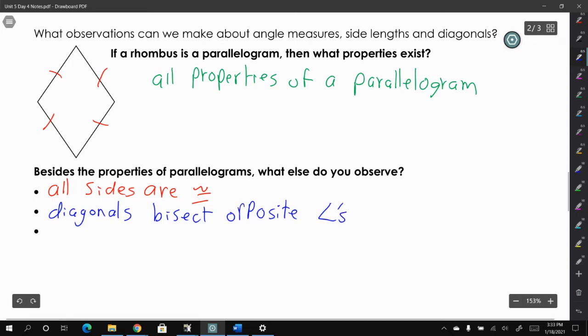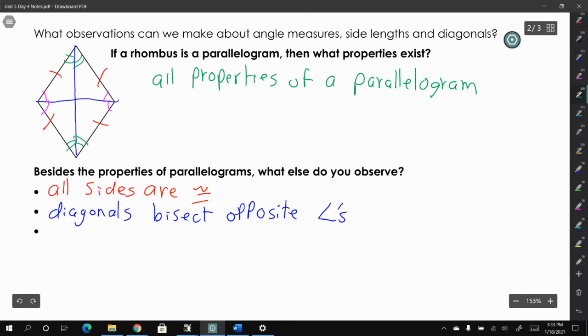So what I mean by that is if I have my diagonals drawn, what happens is that these four angles are congruent and these four angles are congruent.